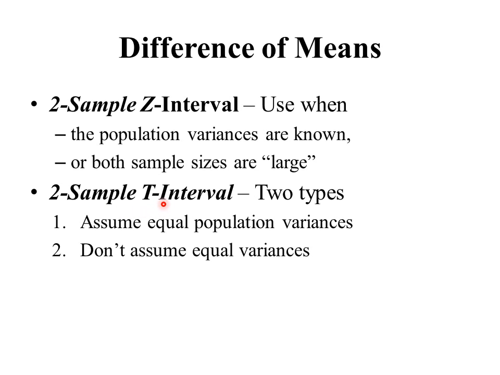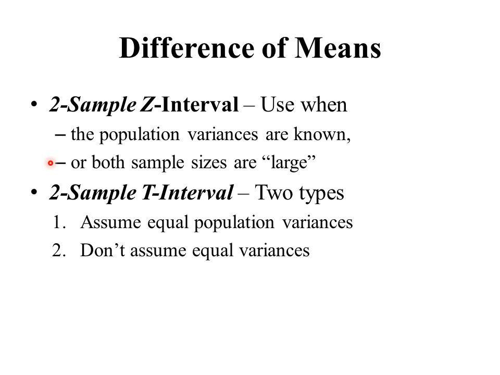Okay? One big difference between these two types of intervals is where the critical value comes from. In the z-interval, the critical value is a z-value. In a t-interval, the critical value is a t-value. We're going to use the two-sample z-interval when either we know the population variances or both sample sizes are large.